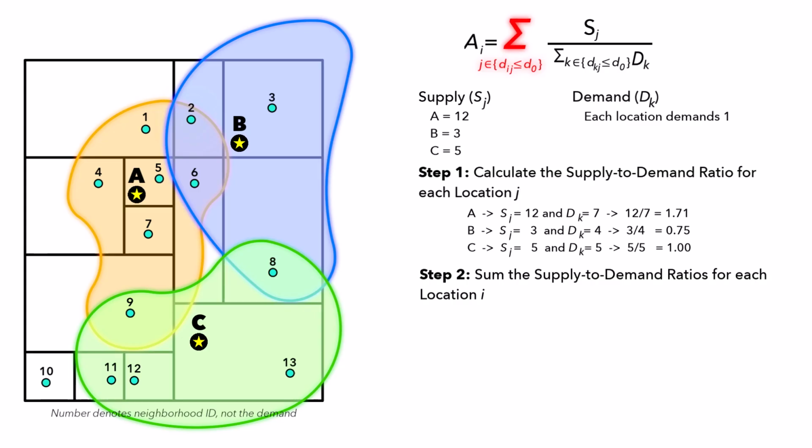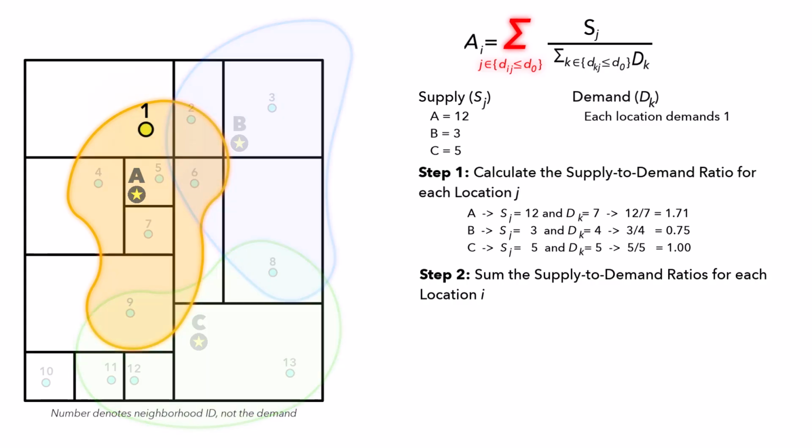Basically, what we're going to do is look at how many facilities each neighborhood has access to, and then sum up those supply-demand ratios. For example, take a look at neighborhood 1. It's clear from the diagram that this neighborhood is only serviced by facility A, and the supply-demand ratio is 1.71, or 12/7 if you want to keep it that way.